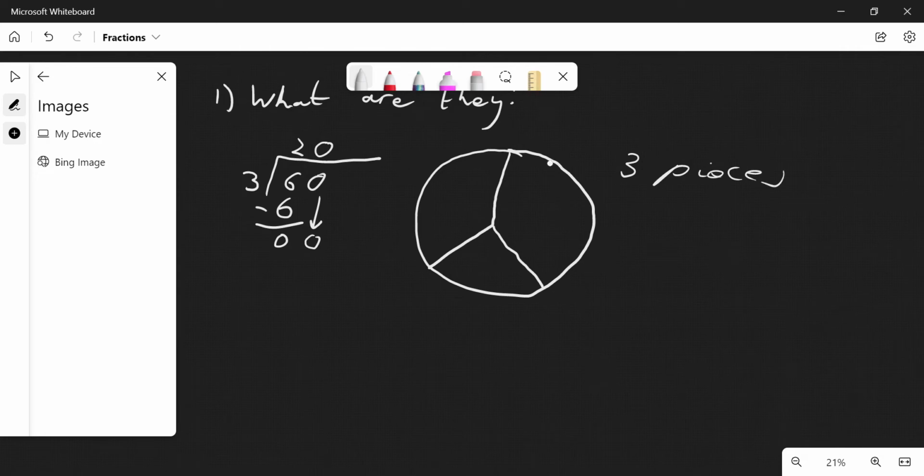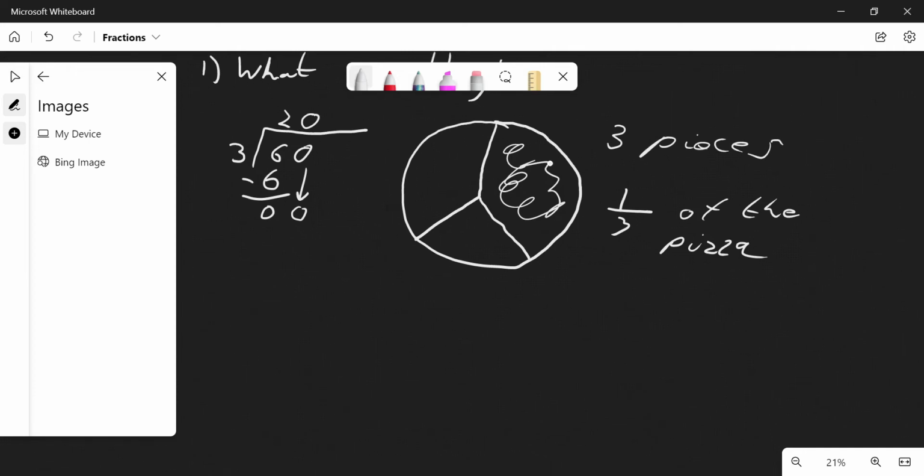If Francis eats one of the pieces, then he has eaten 1/3 of the pizza. And then they'll ask you, so what fraction or what portion of the pizza is left? And then you'll be like, oh, okay, I know that. That's 2/3 that are left. This one there and there, 2/3 left, right? And so this is your introduction into fractions.